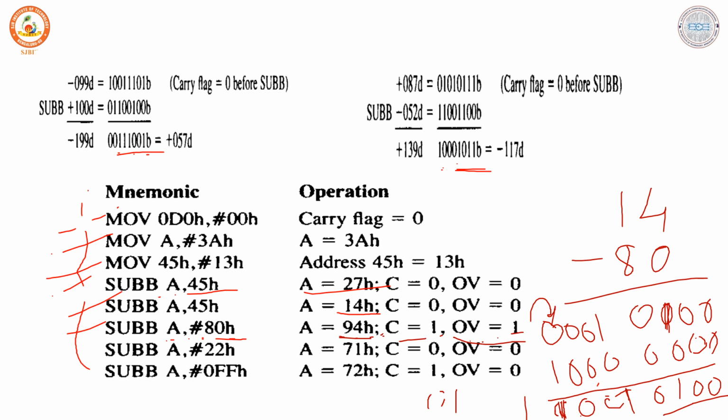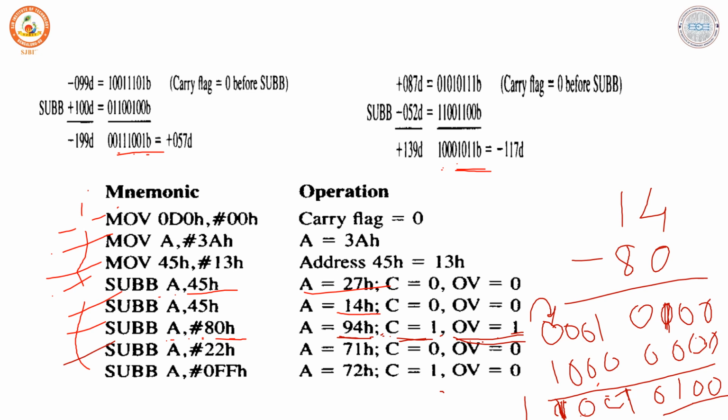Complementing the sign would be negative, right? Because 1 is there in the most significant bit, so that becomes 0. Then after making it 0, the value is 1001, it is 94H. Now A is loaded with 94H. Then the carry flag is set to 1, the overflow flag is set to 1. Only the sign will be complemented.